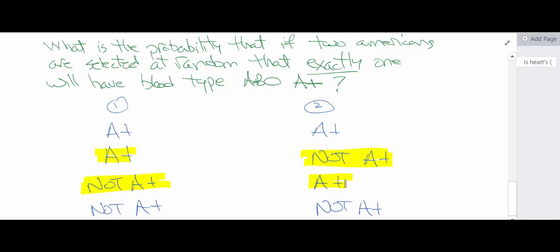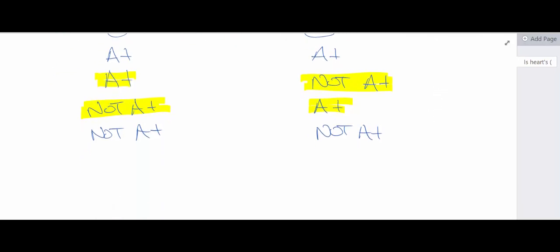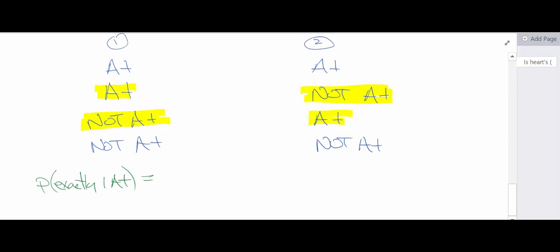Okay, so how do we calculate the probability? Well, do it like this. The probability that exactly 1 is A plus would be equal to the probability that 1 is A plus and 2 is not A plus.